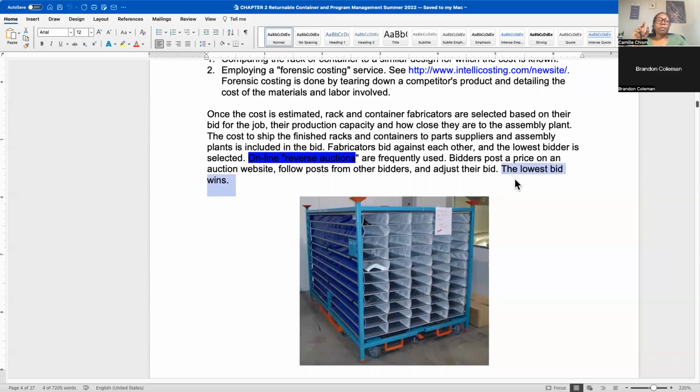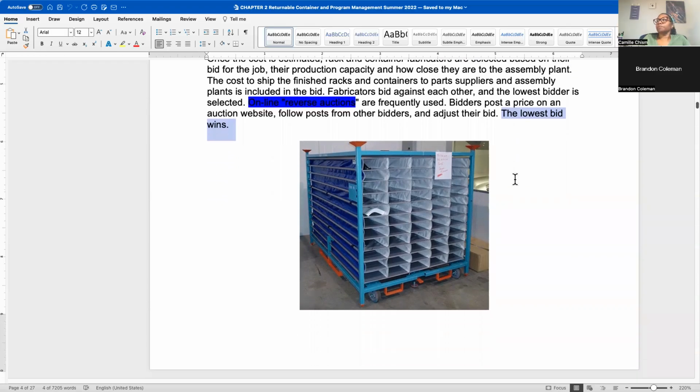So it might cost a little bit more, but from a standpoint of logistics and supply chain for returnables, for example, they're spending less on freight. So really in the end, it is the lowest cost, but there's a lot that goes into it.